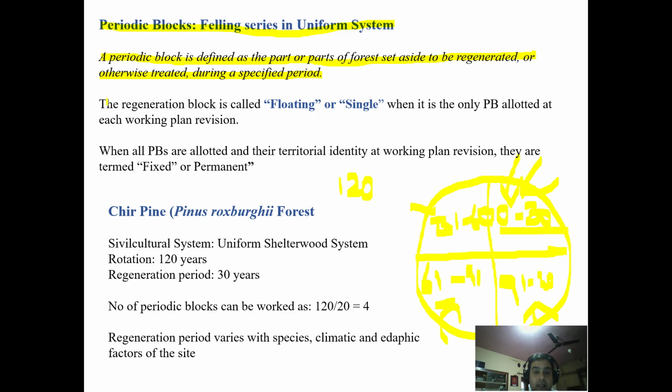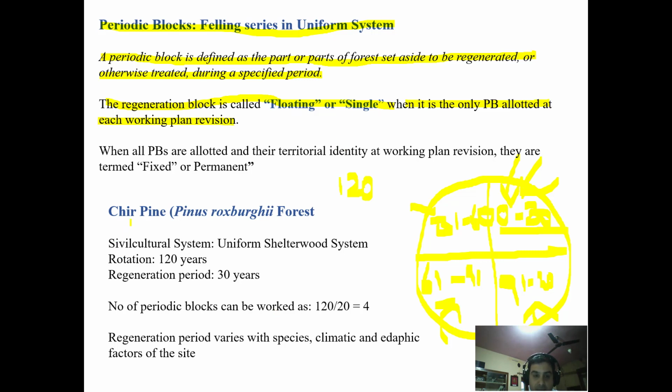Now sometimes the regeneration block is called a floating or single periodic block, when it is the only periodic block allotted at each working plan revision. Suppose we allot only one periodic block, not all four periodic blocks. At that moment we designate that as a floating or single periodic block.